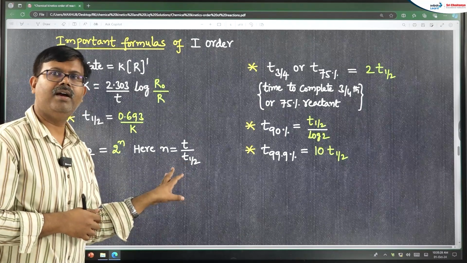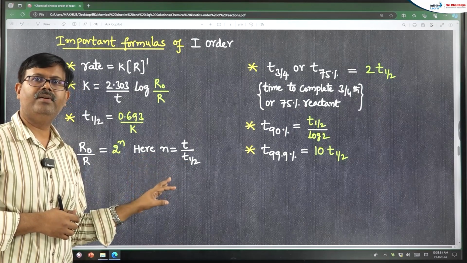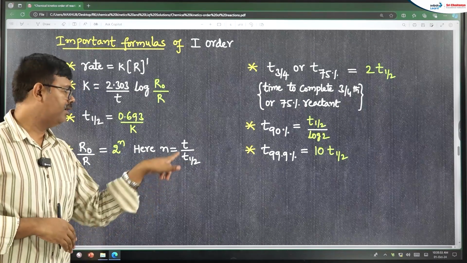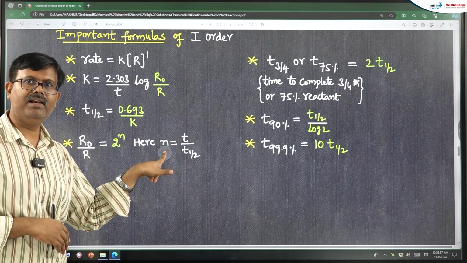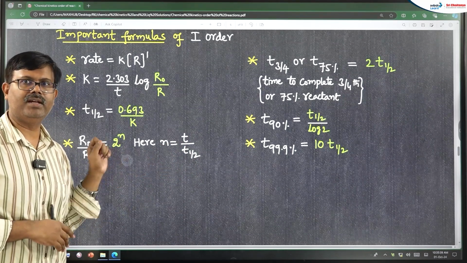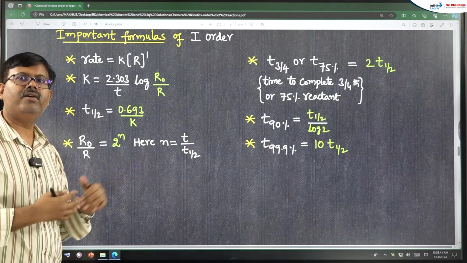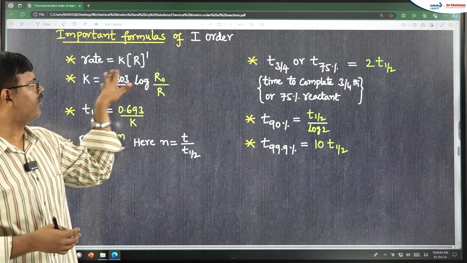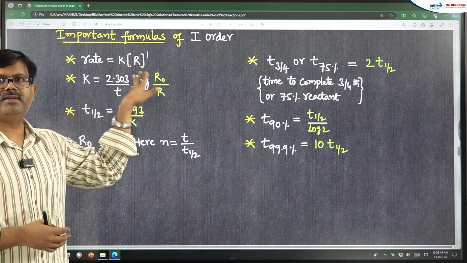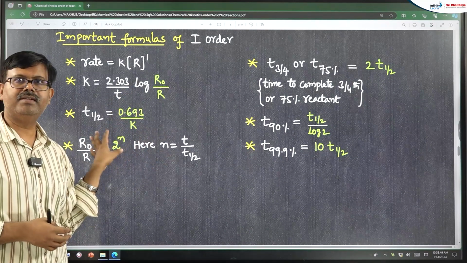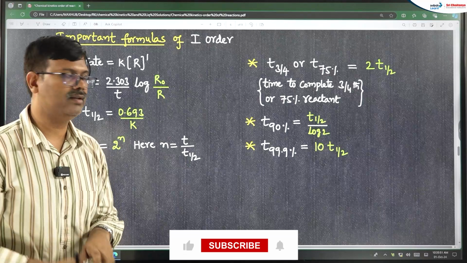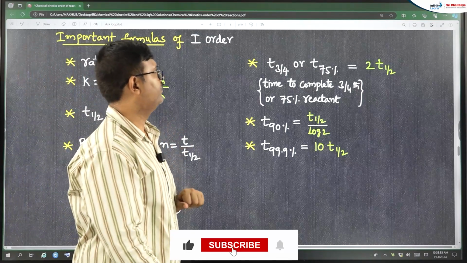This formula will save a lot of your time if t and t half are both known to us. We can get the n value and substitute here, instead of going to the rate constant formula and half-life formula. So remember that.